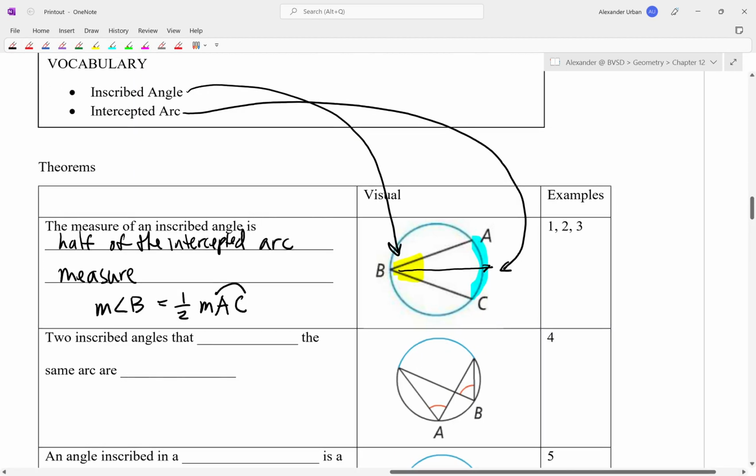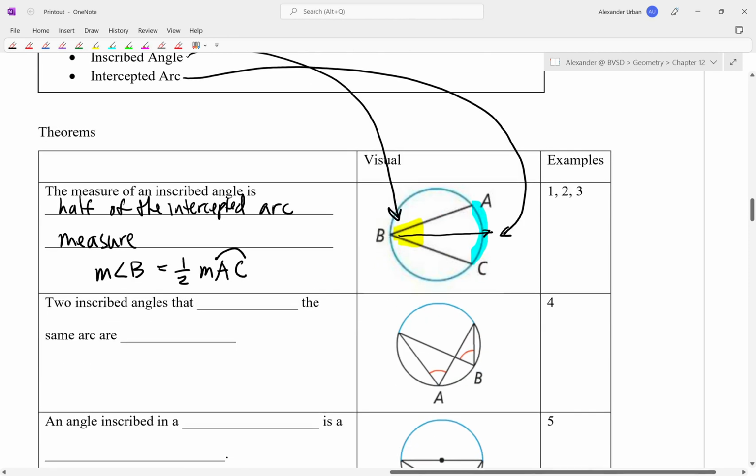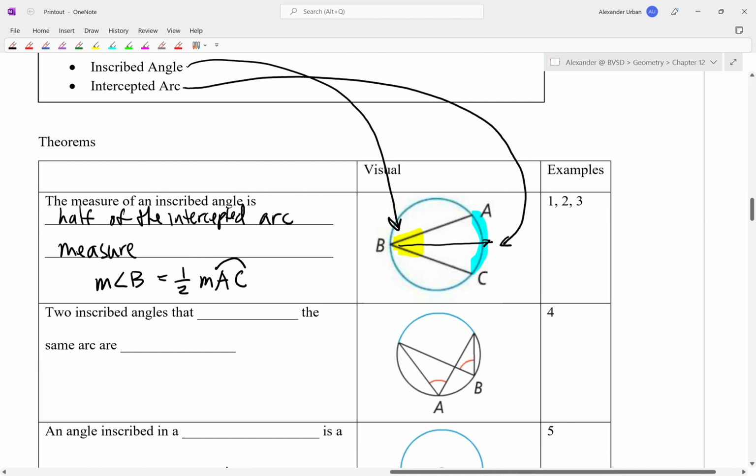Now, based off of that information, we're going to use some context clues. If you notice down on the second theorem, we have two inscribed angles this time, angle A and angle B. And they are going to intercept the same arc.